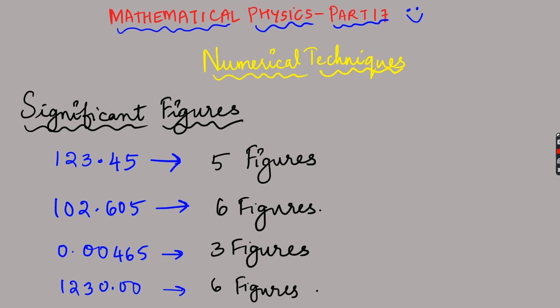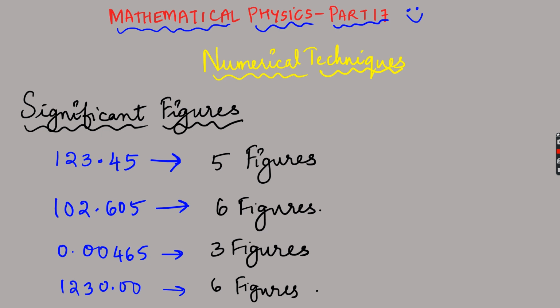I have given a few examples here. 123.45 has five significant figures, and if you have zero in between, they also count. So in the second example, there are six significant figures. In the third example, the zeros are before a number, here 0.00465, so the zeros are before any number and they do not count.